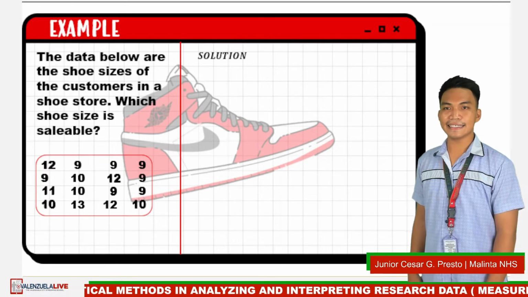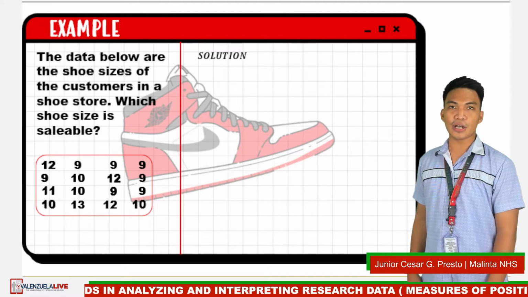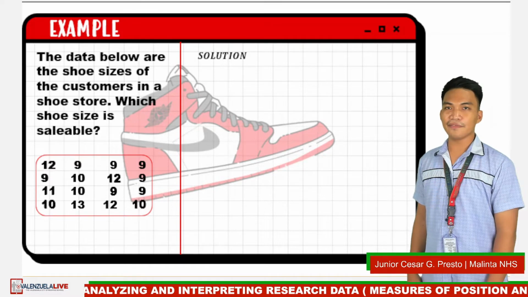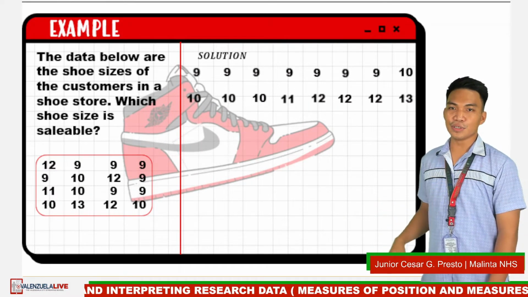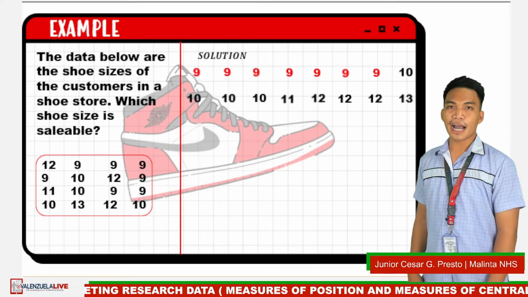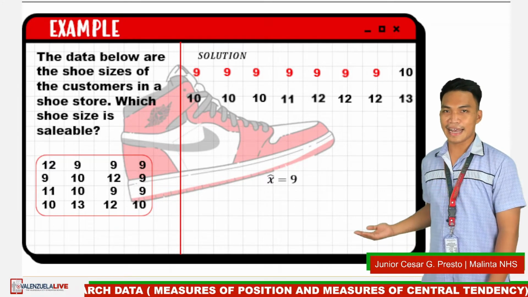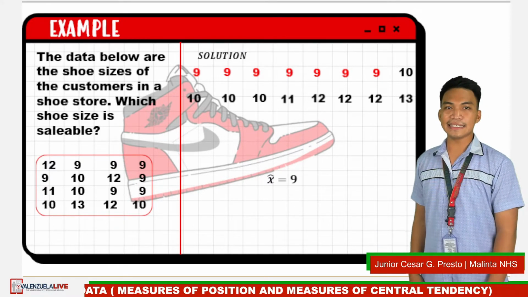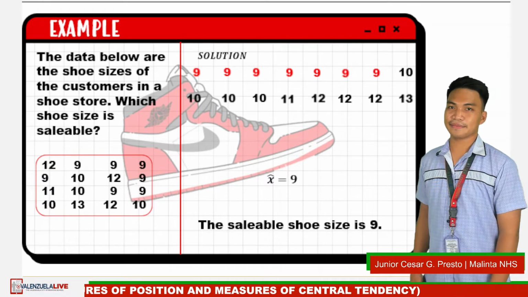In this case, the arrangement of the data in increasing or decreasing order is optional. We have size 9 as the most frequently occurring size. Our x hat or mode is equal to 9. This means that the saleable shoe size is 9.